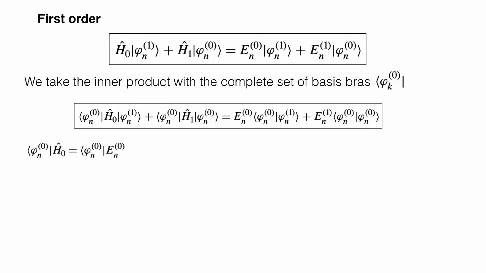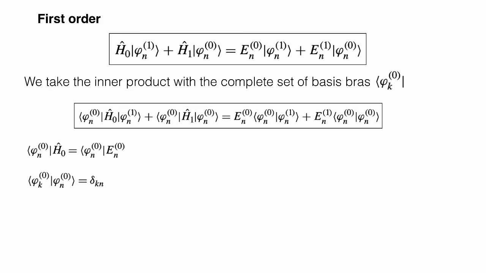And of course, we automatically see that the effect of H0 on the bra phi n0 is easy to calculate, since phi n0 is also an eigenstate of H0. And we remember that we have a complete basis, so that if k and n are different, then we find 0. The inner product is 0, otherwise it's equal to 1.